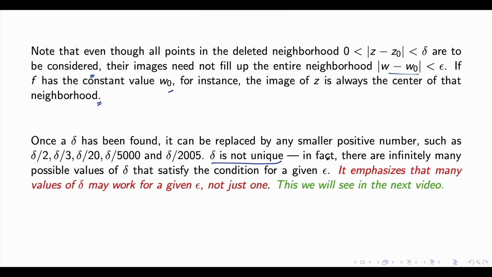In fact, there are infinitely many possible values of delta that satisfy the given condition for epsilon. So it emphasizes that many values of delta may work for a given epsilon, not just one. And this we will see in the next video.